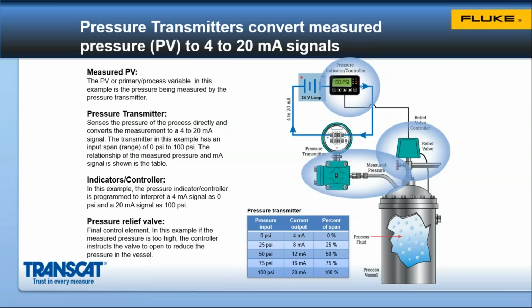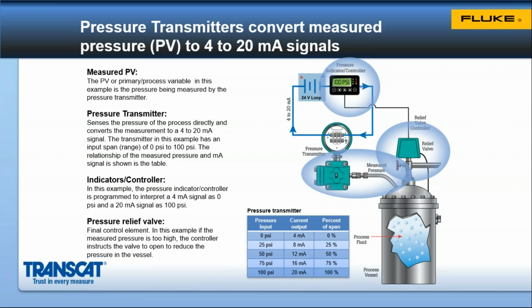So in the example with the pressure transmitter that I started to talk about a little bit earlier, pressure is the measured PV or primary variable that's being measured by the pressure transmitter. There's a direct connection between the process vessel and the input to the transmitter. In a process vessel, the pressure is equal throughout the air headspace of the vessel.